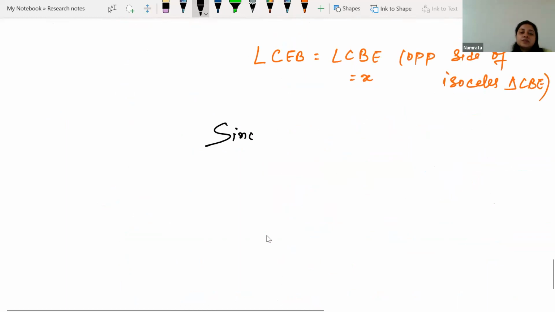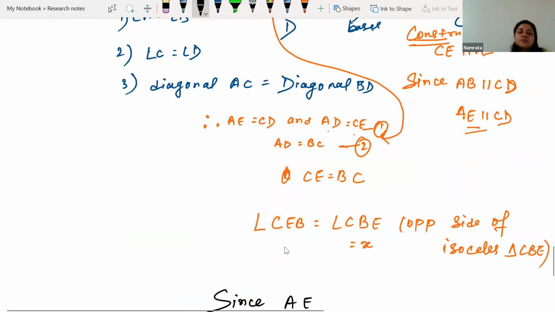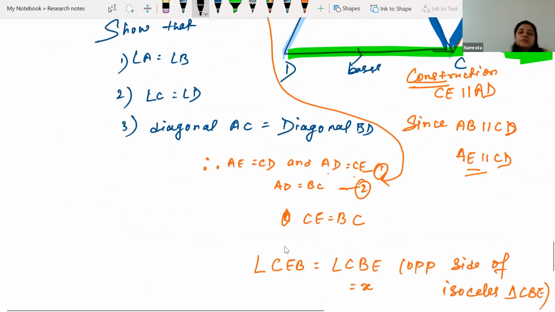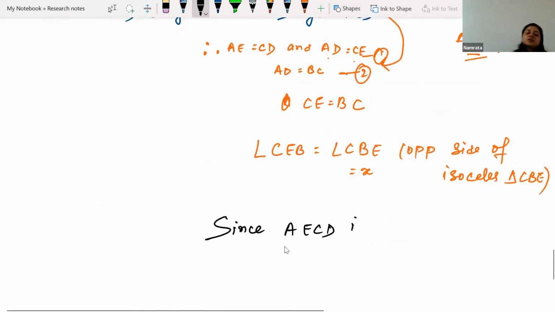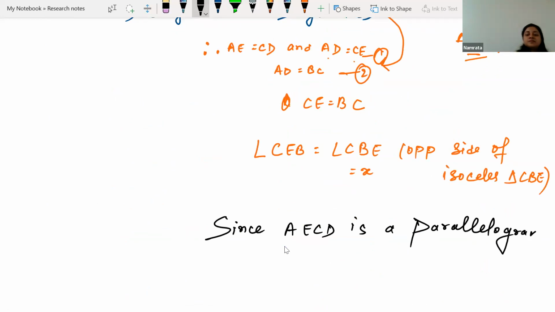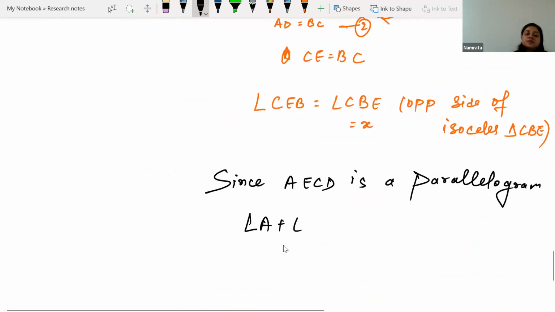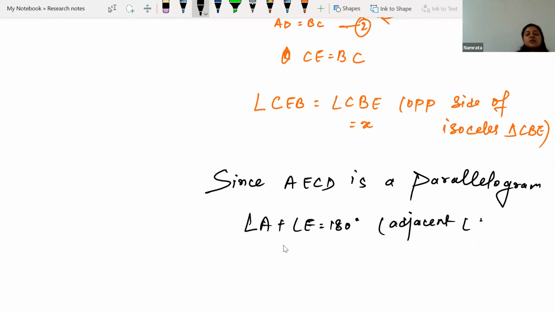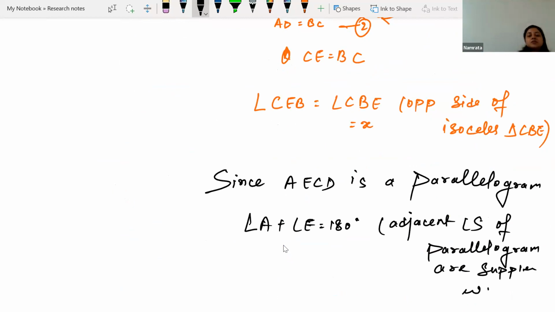Since AECD is a parallelogram, from here angle A and from there angle E will be 180 degrees. Adjacent angles of a parallelogram are supplementary with each other.